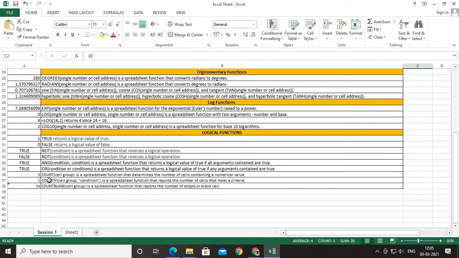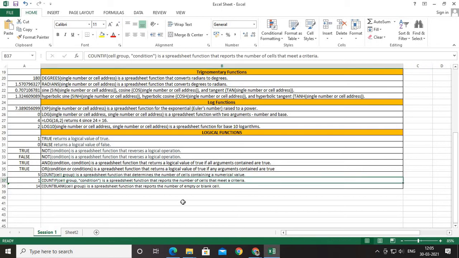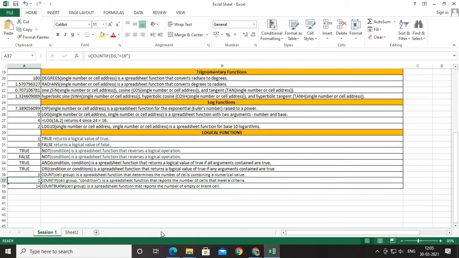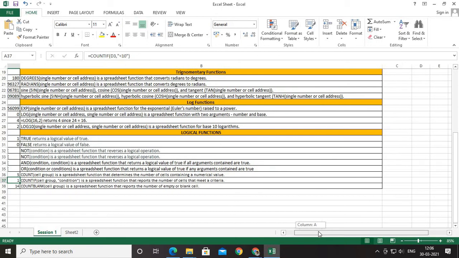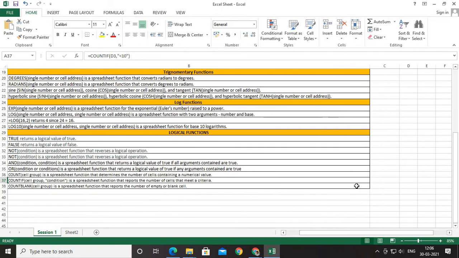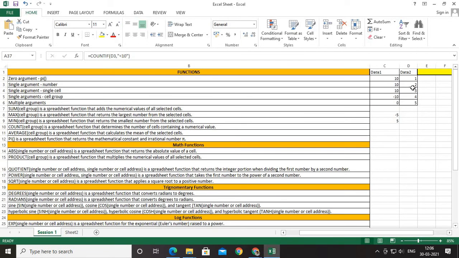And then when you come further, I have got COUNTIF. What is that COUNTIF? It is a condition. Only when certain criteria is met, I will get it into the picture. It's a spreadsheet function that reports the number of cells which meet a particular criteria. COUNTIF D3 less than 10. Now you go here, D3, how many cells?